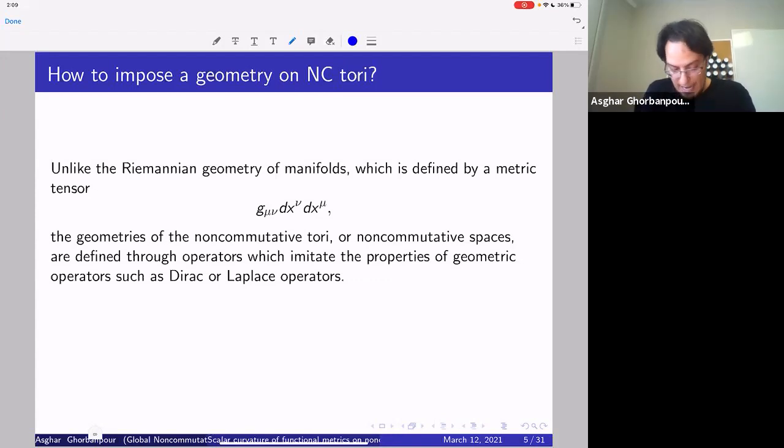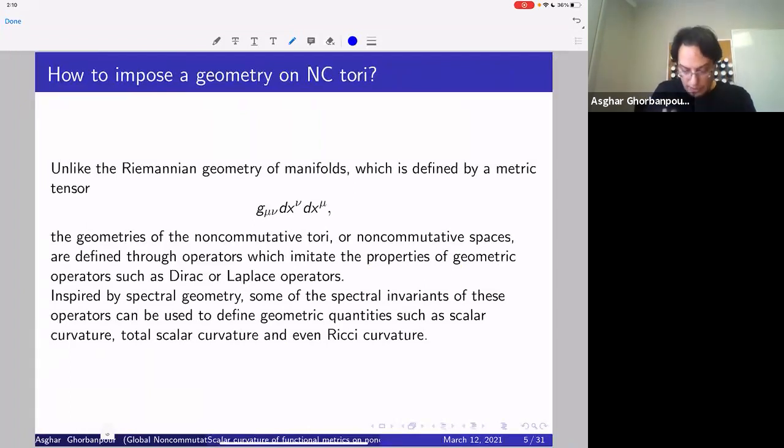Instead, the approach introduced by our own community is to use the spectral properties of geometric differential operators, in particular the Dirac operator and the Laplace operator. I will go into a little more detail on that.